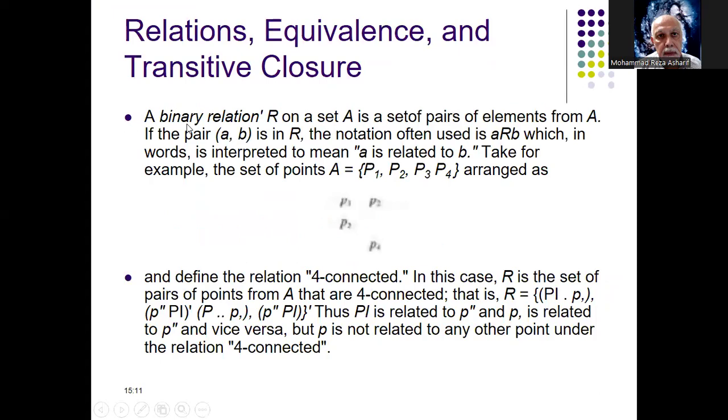A binary relation R on a set is a set of pairs of elements from A. For instance, we have two elements, two pixels, A and B. In R notation, it is often written ARB, which means that pixel A is related to pixel B by some relation.